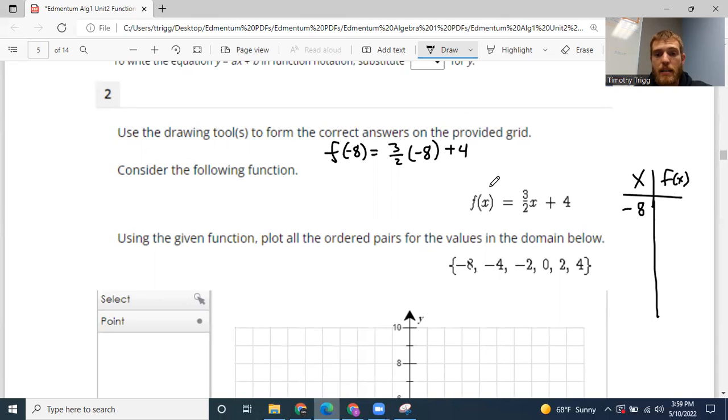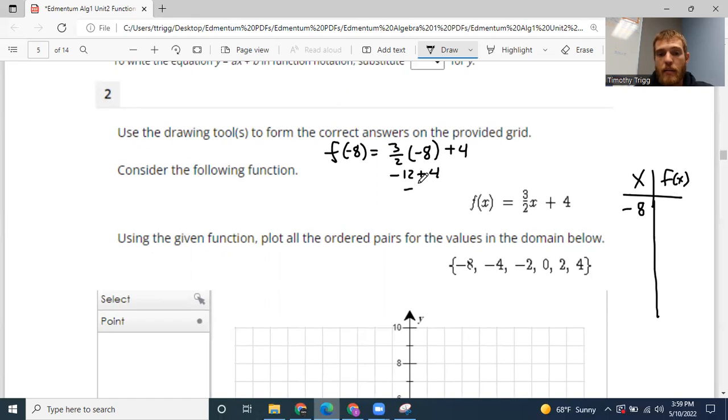So again, replacing the x with this input of negative 8. How do we multiply a fraction times a whole number? Well, we've done it already a ton during this class so far. You take the whole number, multiply times the top, divide by the bottom. So -8 times 3, which is -24, divided by 2 is -12. Then we also have a +4 here.